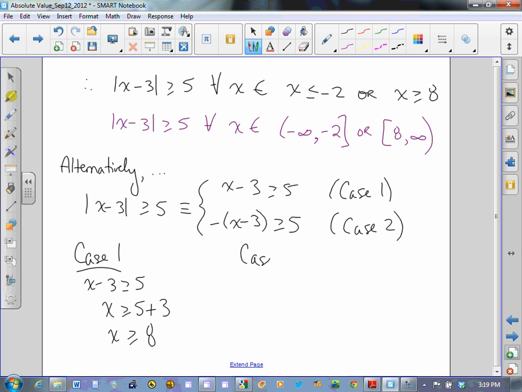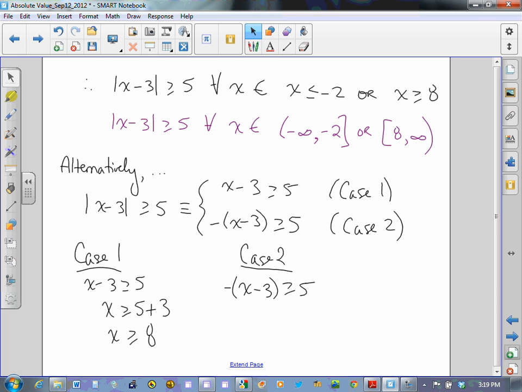Under case 2, the negative of x minus 3 is greater than or equal to 5. If you divide both sides by minus 1, what we're going to see is x minus 3 being less than or equal to negative 5.